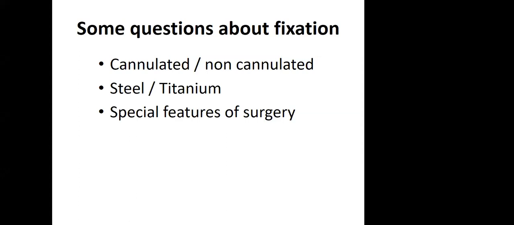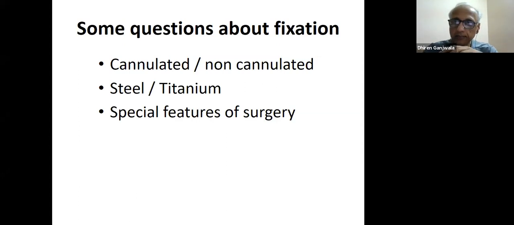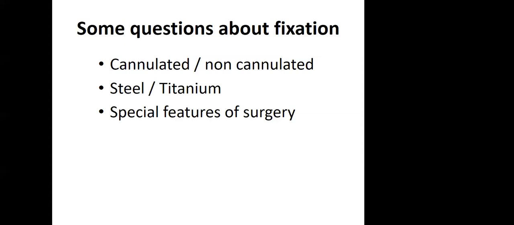Because first we have to pass a guide wire, and over that we pass the screw. Cannulated screw has good bending strength. The length of the screw can be measured initially with the help of the guide wire, so we can reach the subchondral area of the epiphysis.